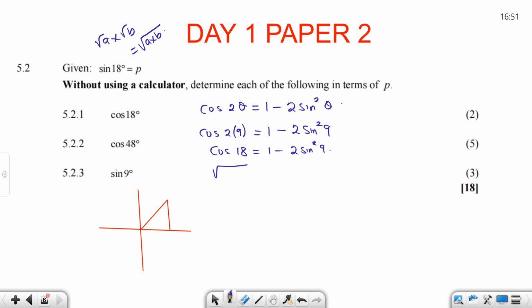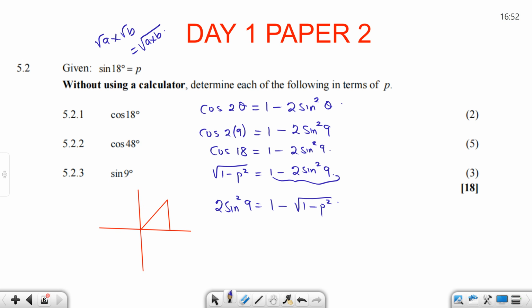Now, what is cos 18? Do you remember we got that right? The rest is now history. Let's take this whole thing to the left-hand side. What would it be? 2 sine squared 9 equals 1 minus cos 18. What do we do now?